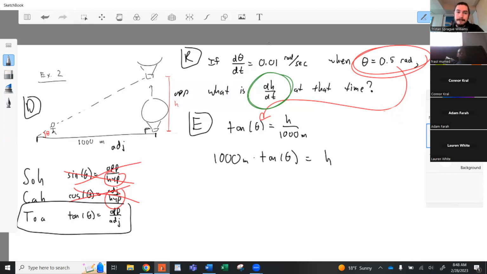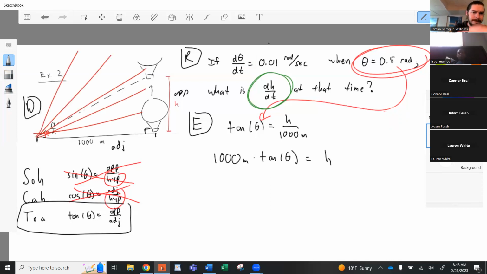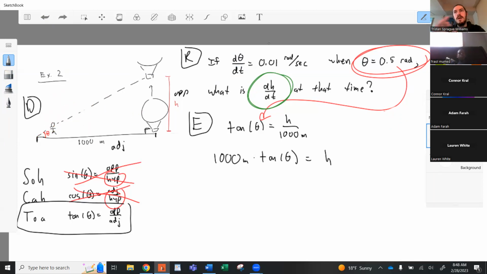Well, it changes from when the balloon's on ground level to when it's in the sky, right? Like as the balloon rises, theta is going to change, right? So you can't plug it in because it's not constant. That's right. You can't plug it in.